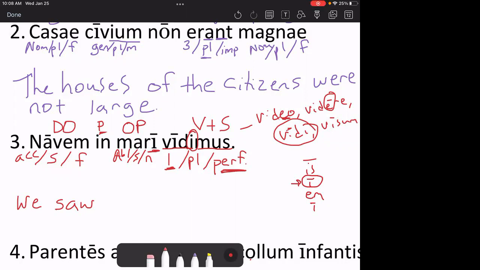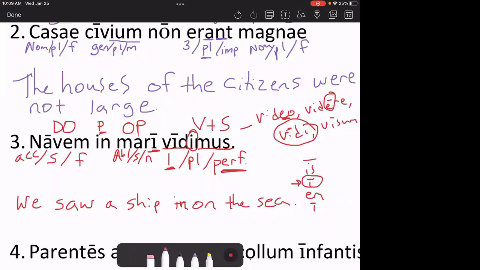Okay, so preposition, object of the preposition, ablative, singular, neuter for mari. Okay, so we saw, direct object, a ship. Preposition, in or on. Let's go with on. Mari, the sea. We saw a ship on the sea.